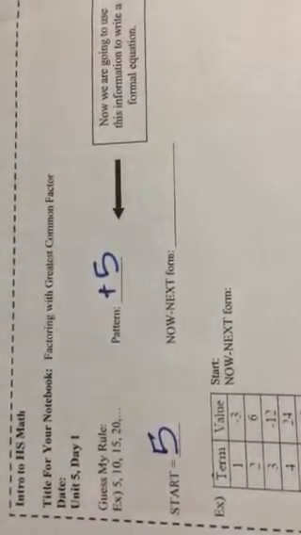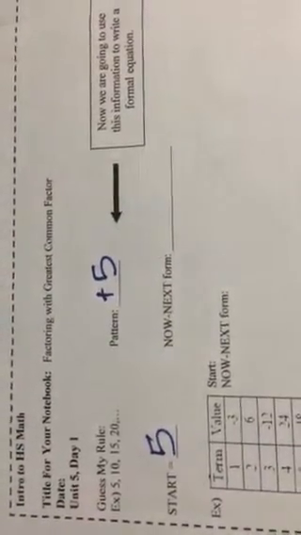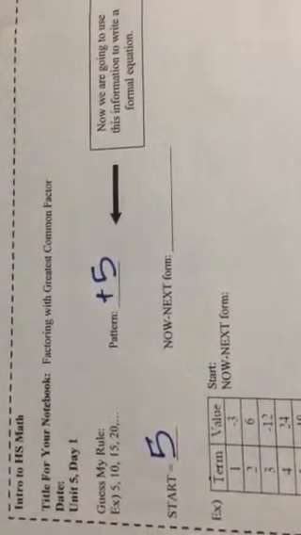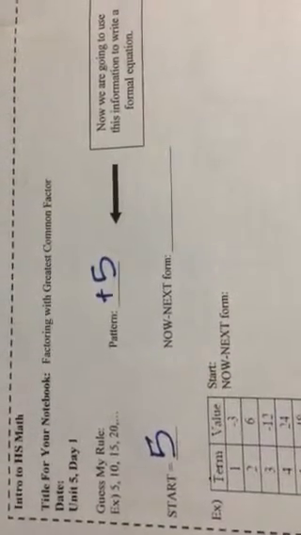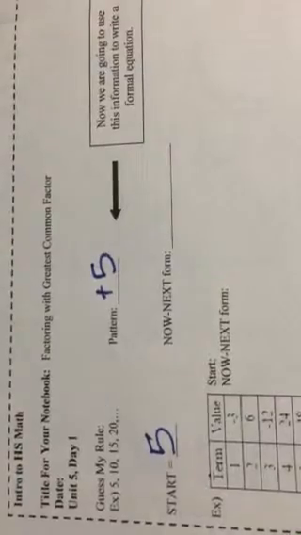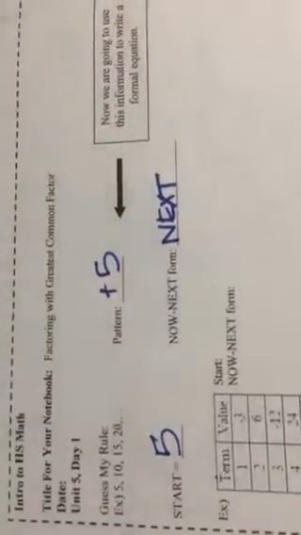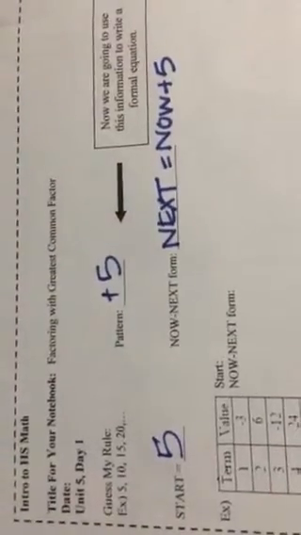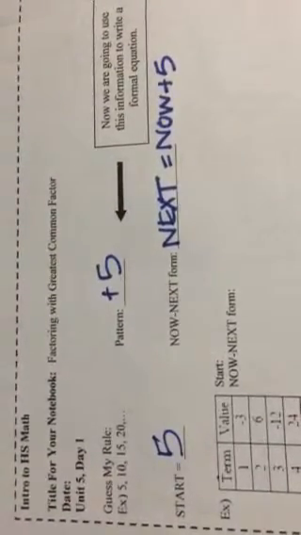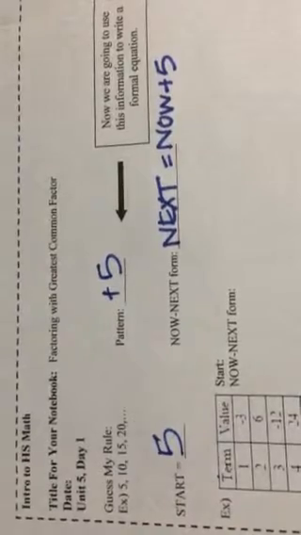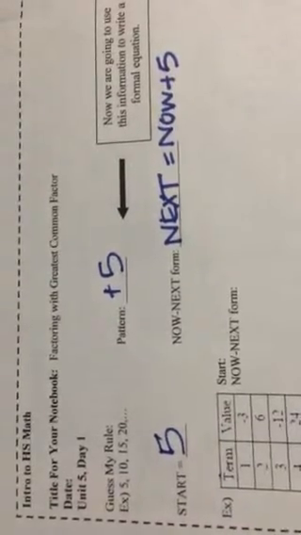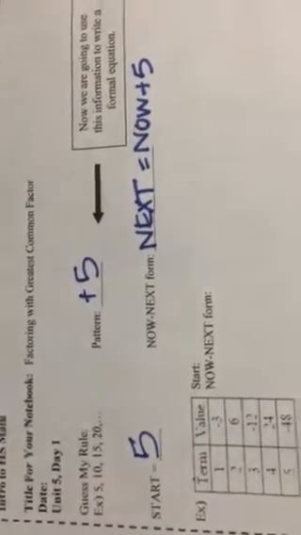Then you're going to write a now next equation, which means you're going to use the words now and next in an equation to tell me how to get the next term. So what this means is the next term in your sequence equals what you have now plus 5, because I told you that you were always going to add 5 to get there. So that's how you would write the now next equation.